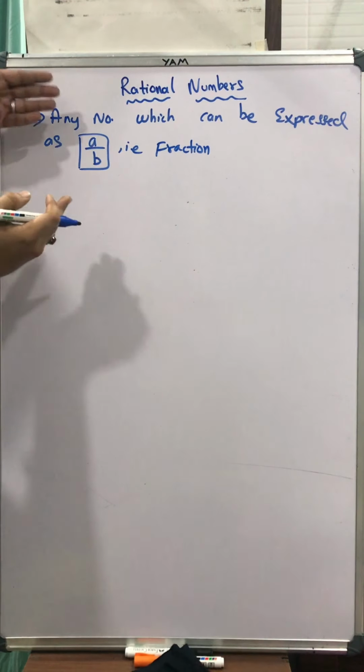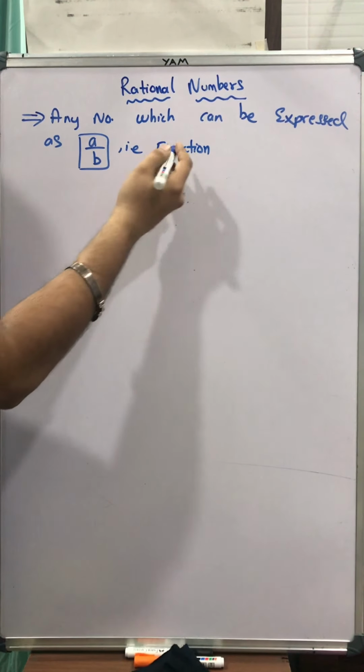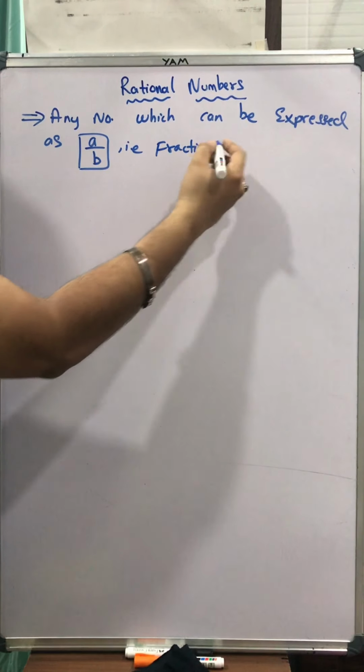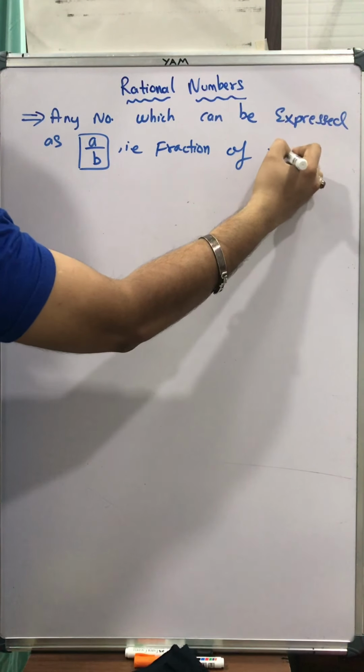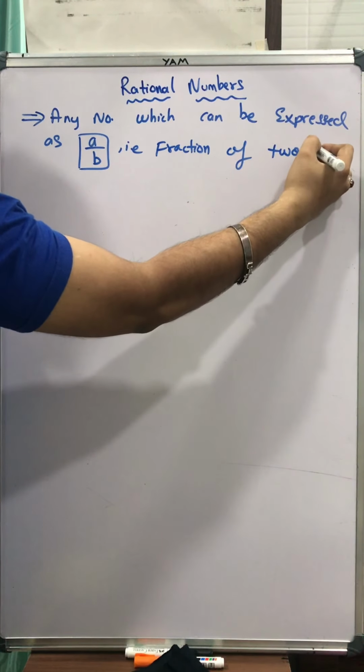It's a fraction, a upon b. A fraction of whom? A fraction of two integers.